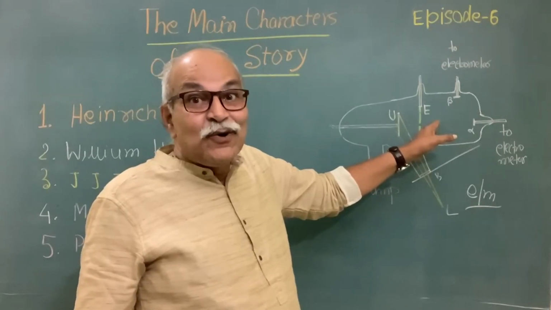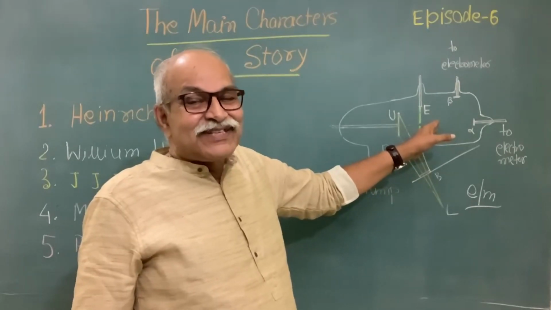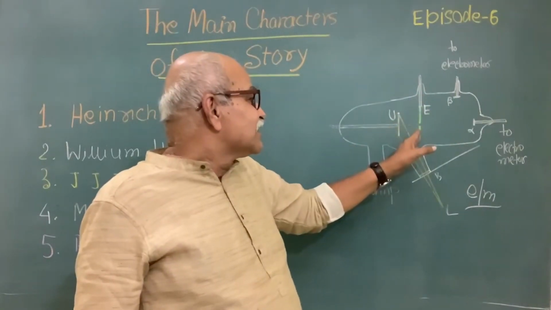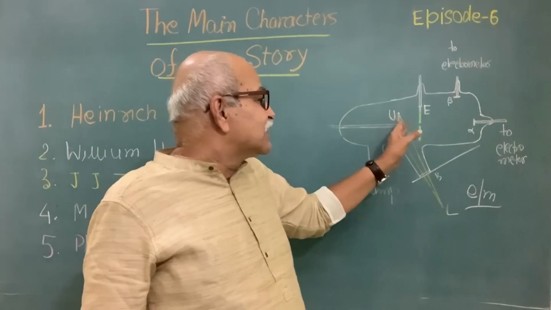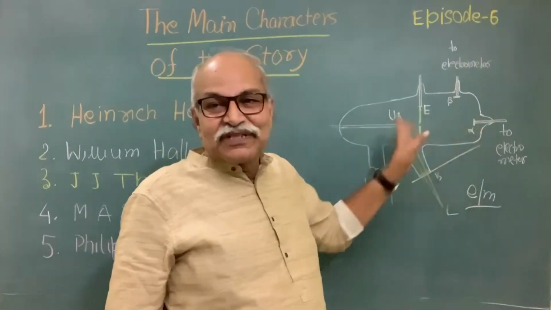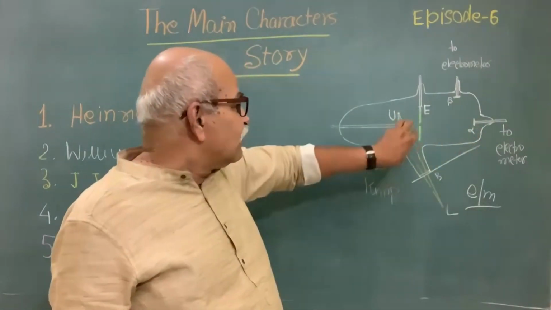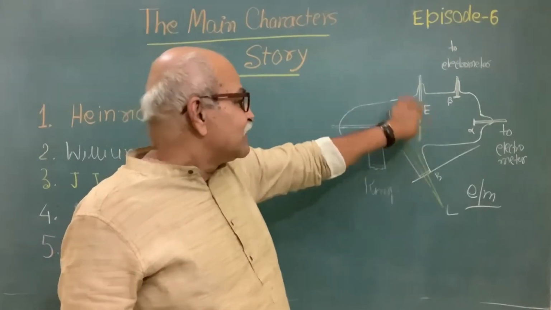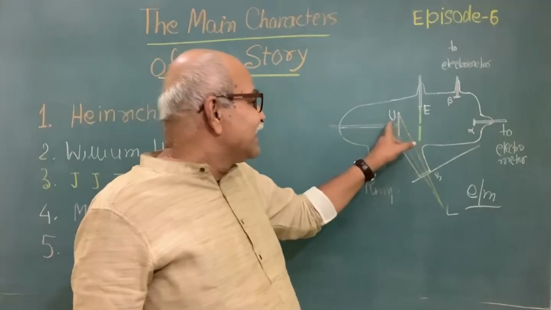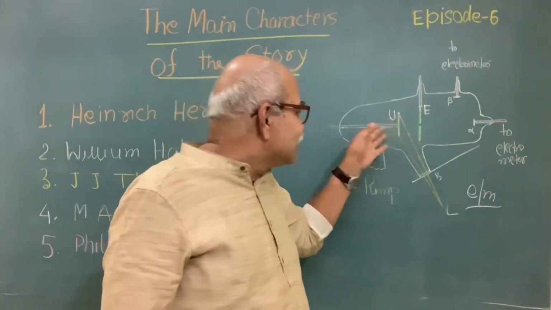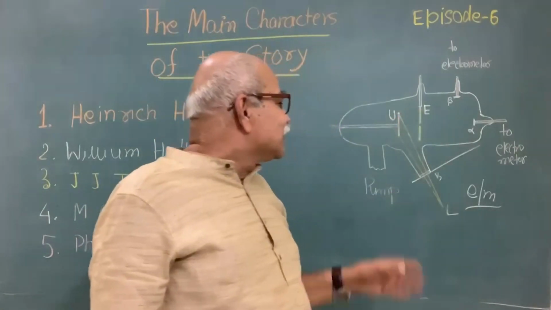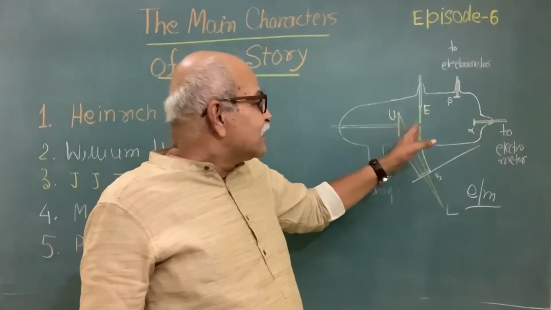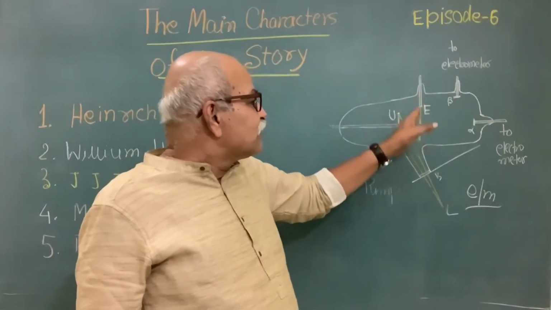You can get slow cathode rays. If you don't apply any potential difference here, then whatever is ejected goes with the same velocity. Of course, there will be complications of a charge being accumulated here, and that negative charge itself will start repelling the newcomers. So those things will be there, but nevertheless, you can accelerate with whatever volt you want.